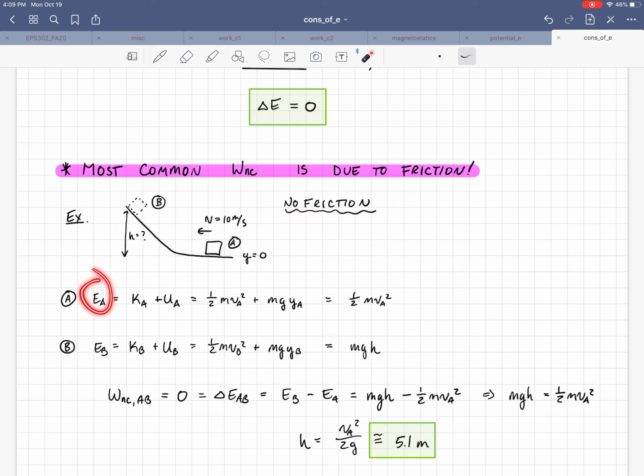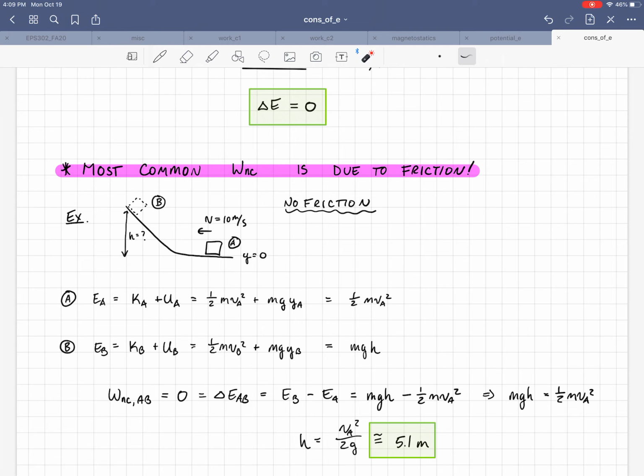So let's catalog all of the energy at state A. The mechanical energy is just the kinetic plus the potential: kinetic energy, 1/2 mv squared, and potential energy, mgy_A. We've talked about this in class: the potential energy is position dependent, and so the potential energy at any given location is arbitrary.